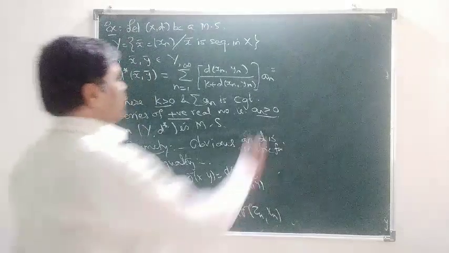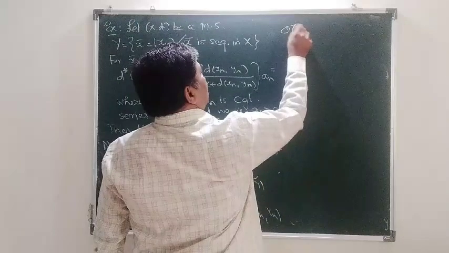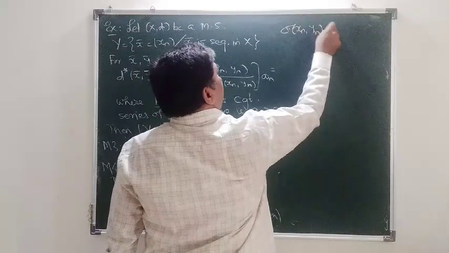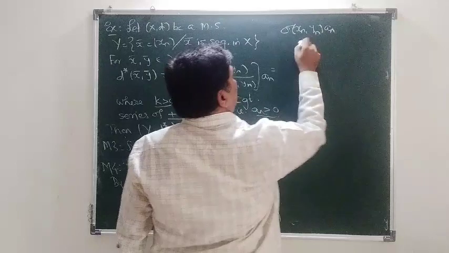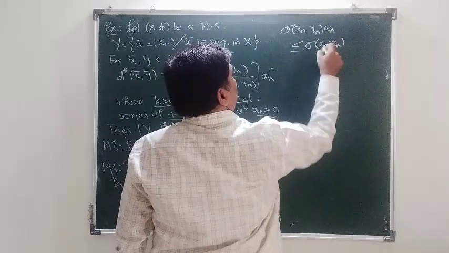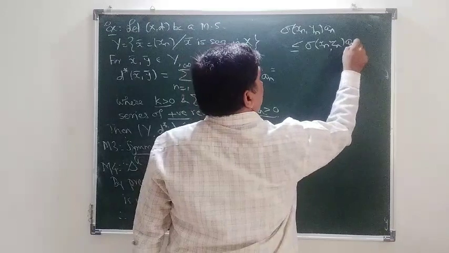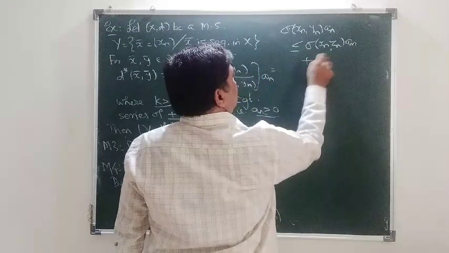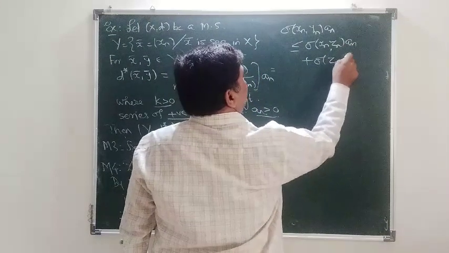And therefore, sigma of xn, yn into an must be less equal to sigma of xn, zn an plus sigma of zn, yn an.